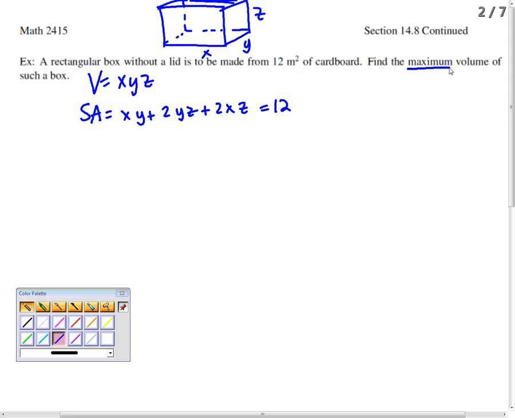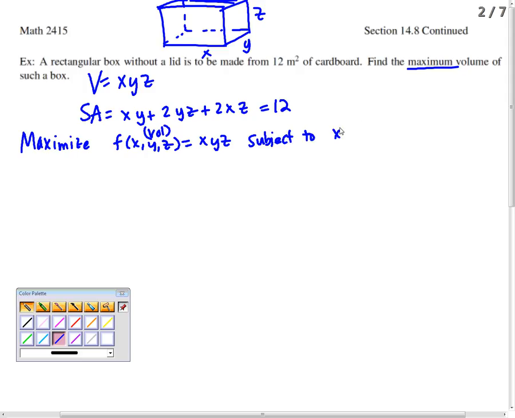We are going to maximize what? Volume. So we are going to maximize f of x, y, z equals x, y, z, and that was my volume. Subject to what?